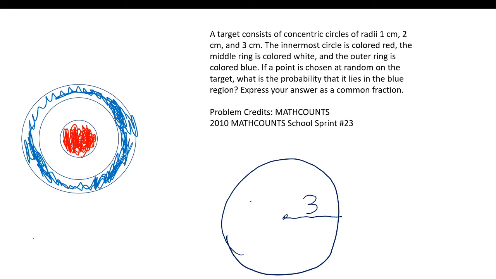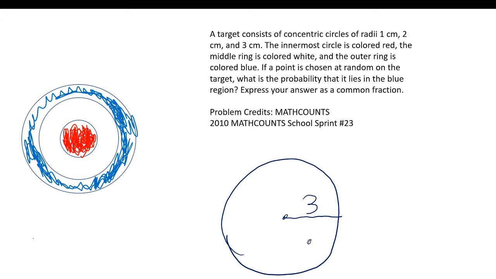Maybe trying some coordinate bashing, but then remember that would only give us lattice points. The reason this is hard to count the possible outcomes is because we can have fractional points.